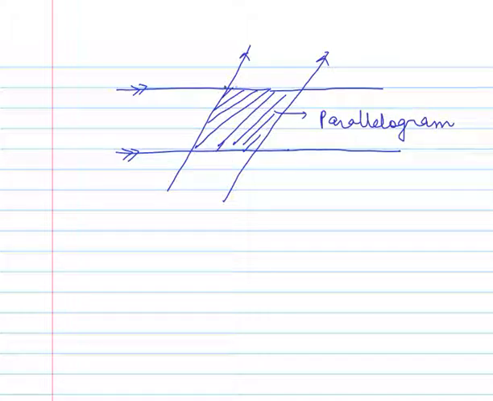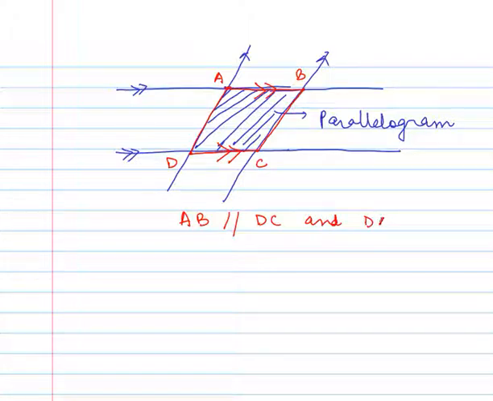So, what is a parallelogram? This is known as a parallelogram. So, it has two pairs of parallel lines. Let us rename these vertices as A, B, C and D. Now AB is parallel to DC, and DA is parallel to CB.